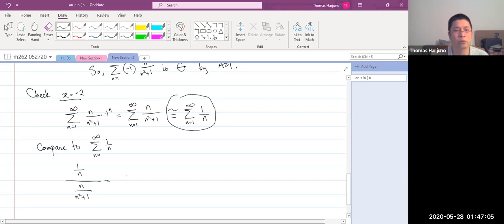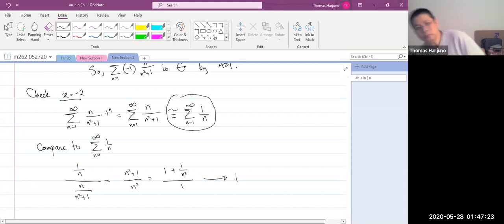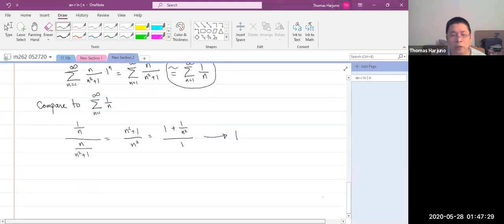That's equal to n squared plus 1 over n squared, which is 1 plus 1 over n squared over 1, that converges to 1, which is a positive constant.